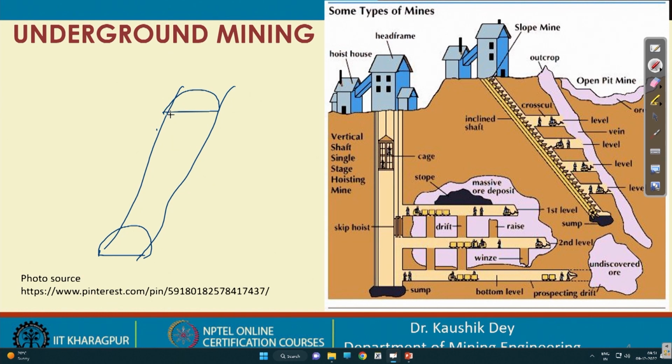If we wish to excavate one slice of this, we go for drilling like this, and blast it, so that one particular slice can be excavated.